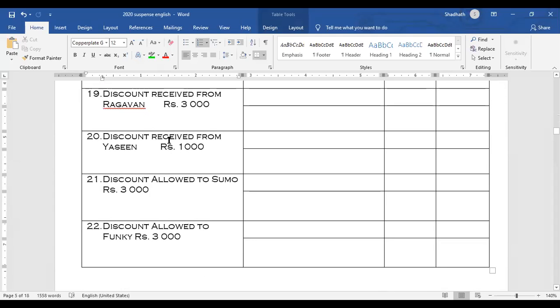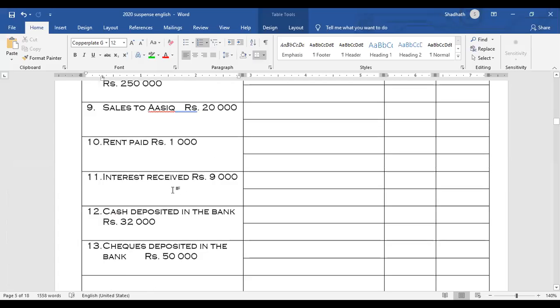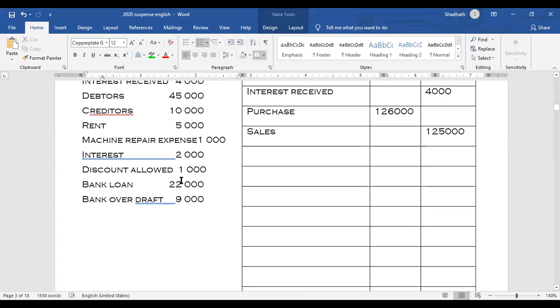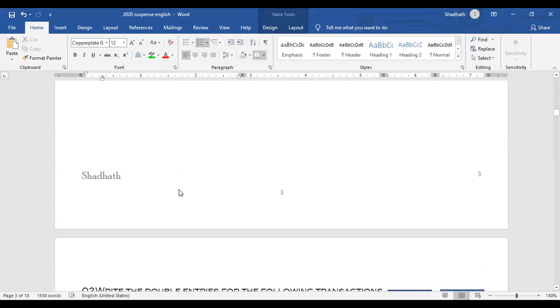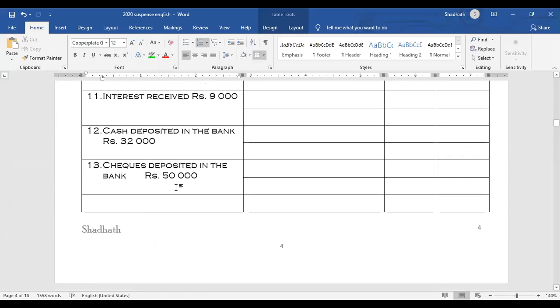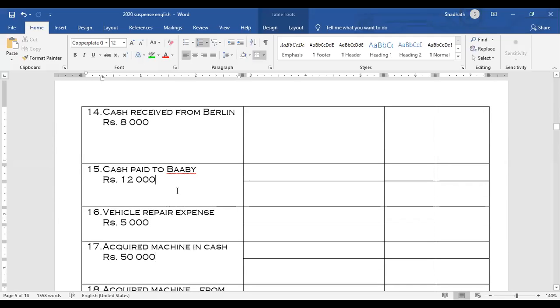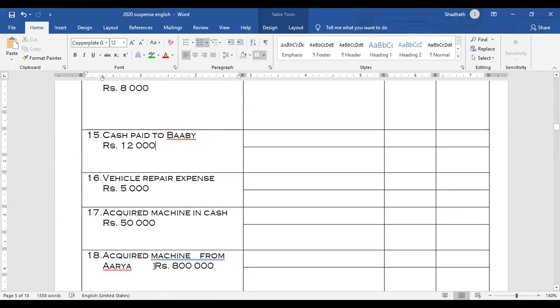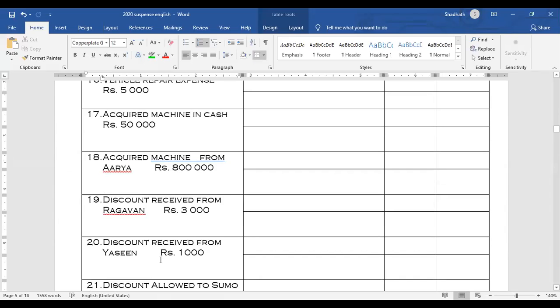So I need these answers today itself. Just after the class finishes, send the answer for the first question, the trial balance. Within the day, try to send the second question answer. I am giving you time up to 15.